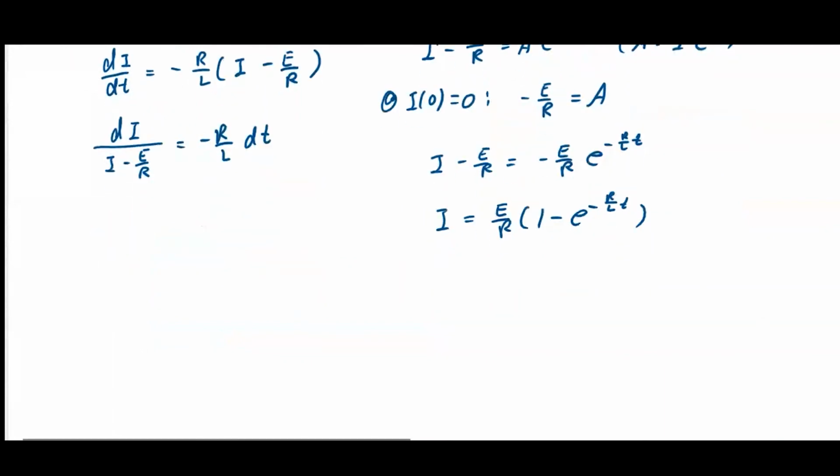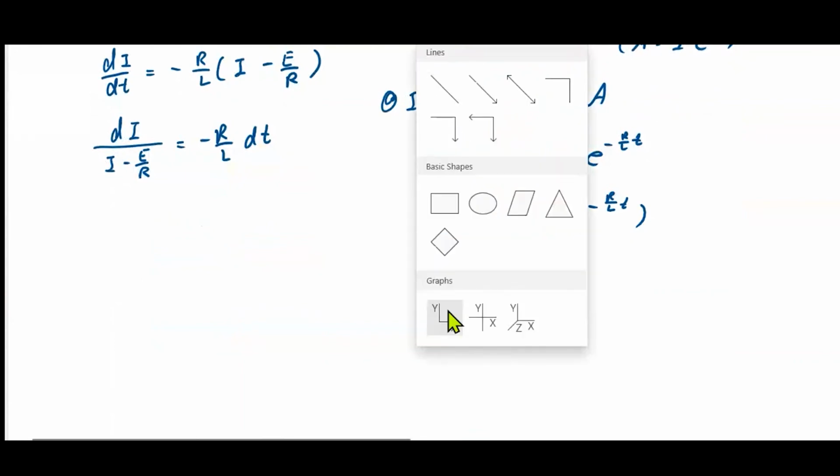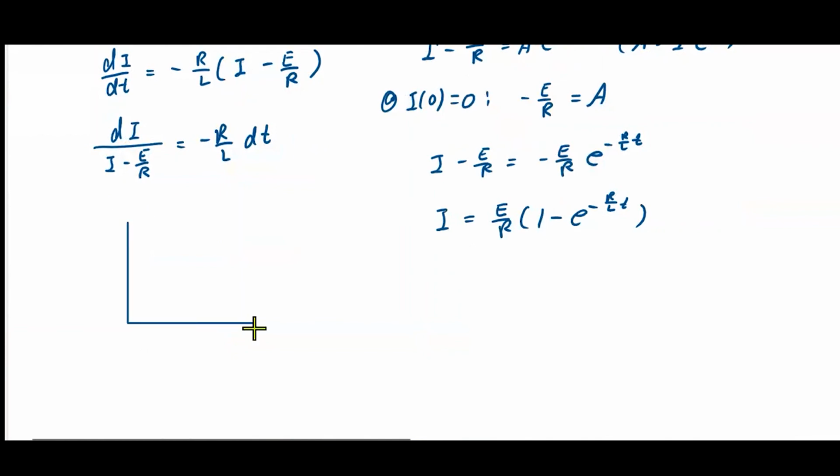And if you graph this, then it's going to look like this. Let's say, I'm going to graph it here, and we have an asymptote right here. Let's just check a couple of things.